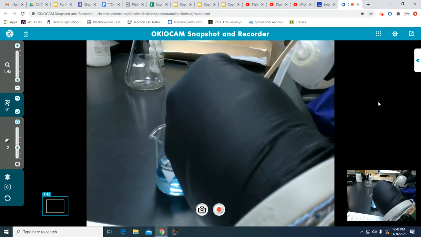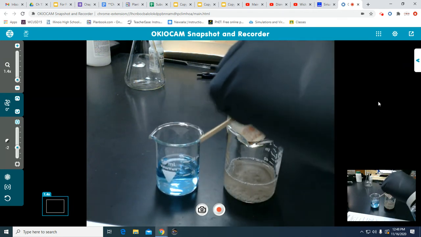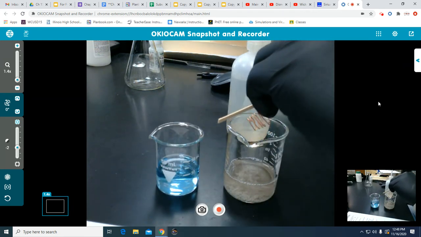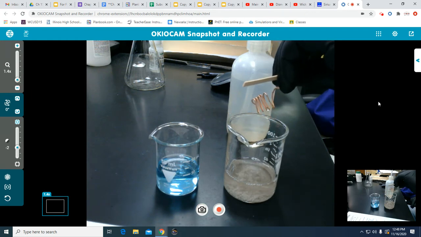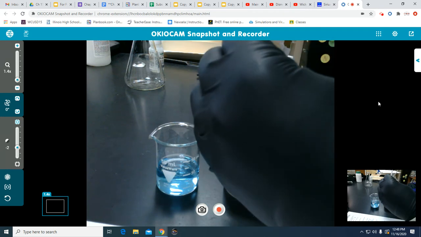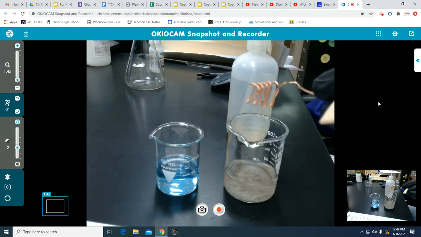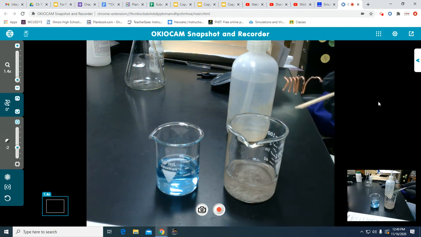Okay, so now I'm going to try to get as much of the silver off as possible. And all the silver appears to be gone. See that? Now we're going to place it in acetone.